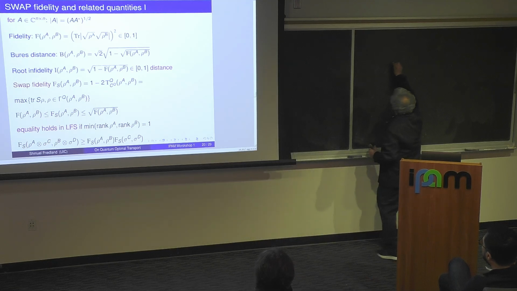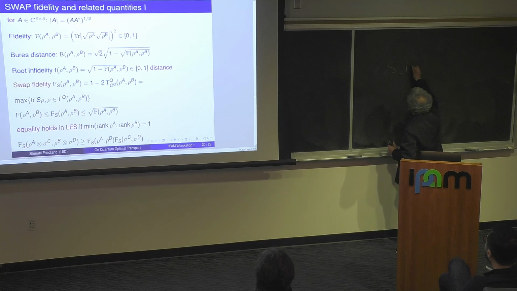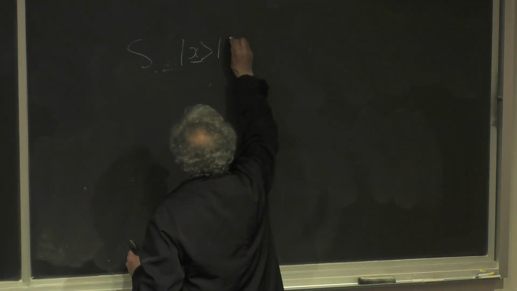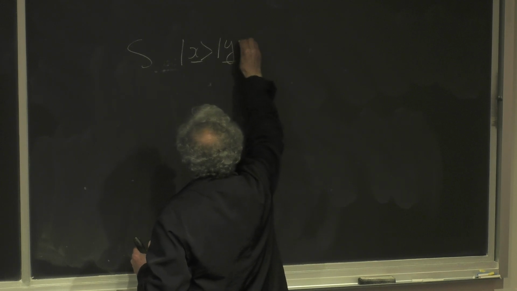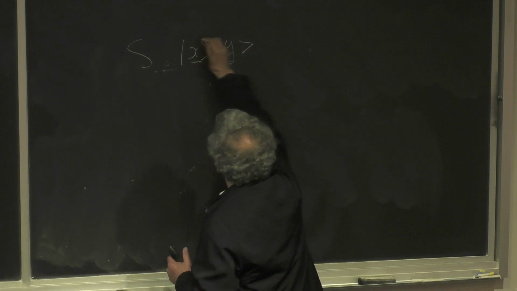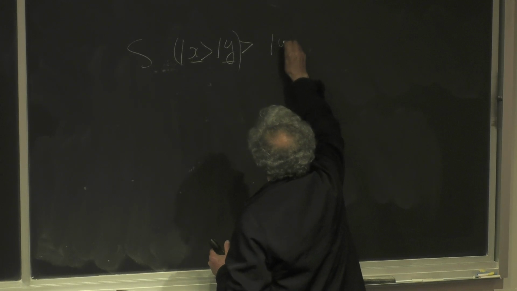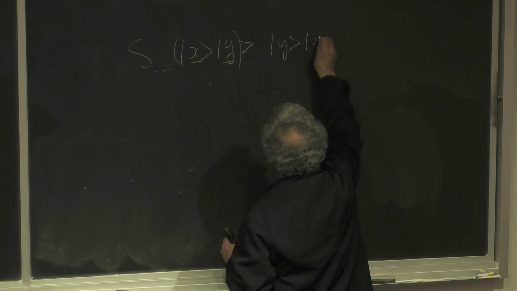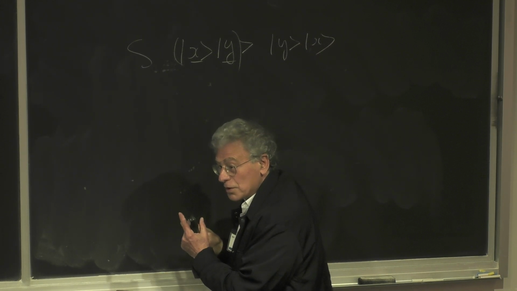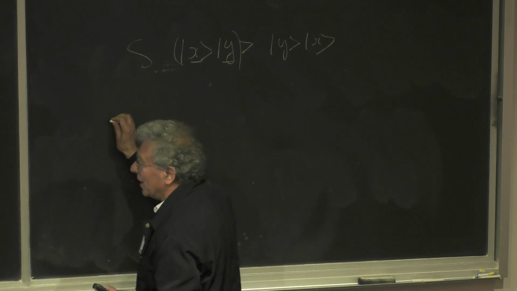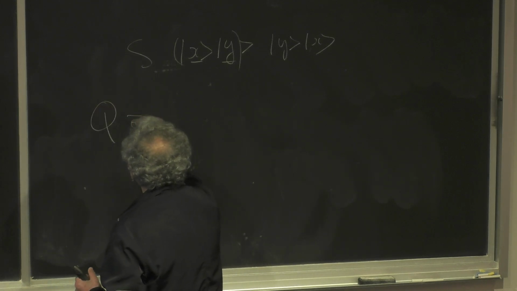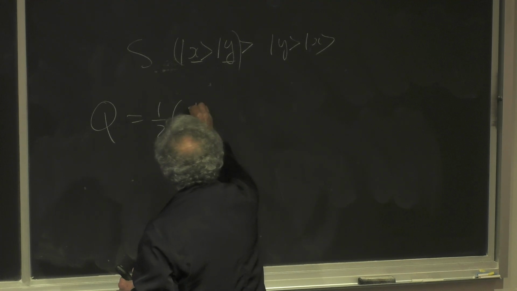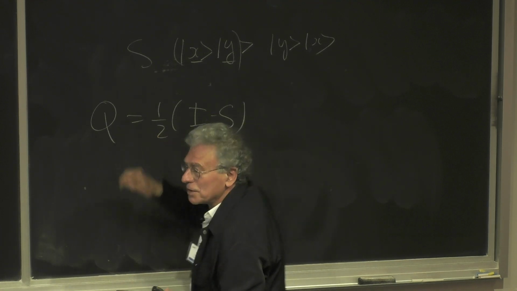So S of X and Y equals Y, X. That's the swap: you exchange the two. And Q was half of I minus S, and this was the projection.